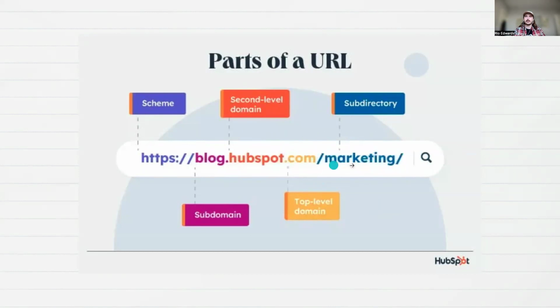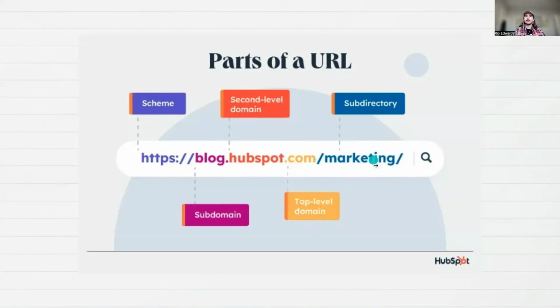It's after these slashes. So like /marketing, your computer is going to blog.hubspot.com. There's a specific computer that's associated with this domain name. And then whatever comes after the slash, still within this same computer, the domain resolves to the IP address of a computer.